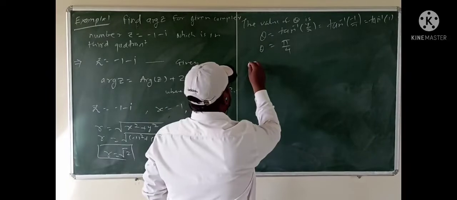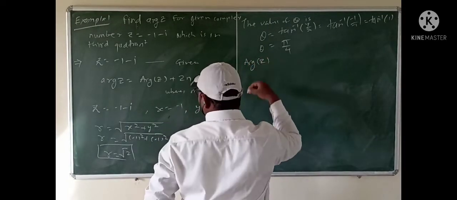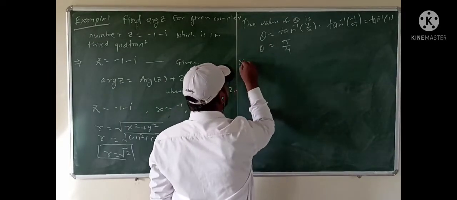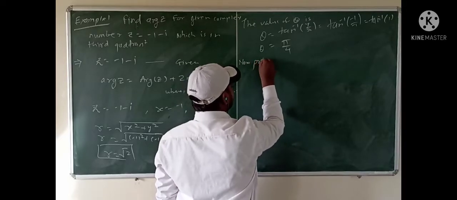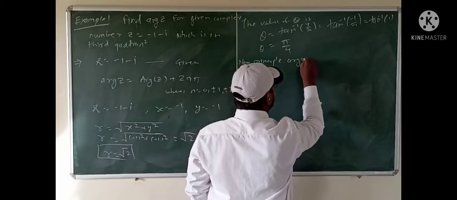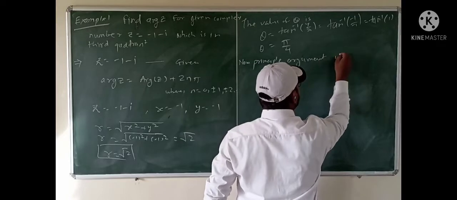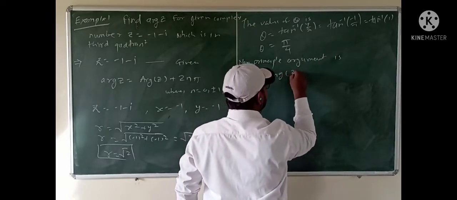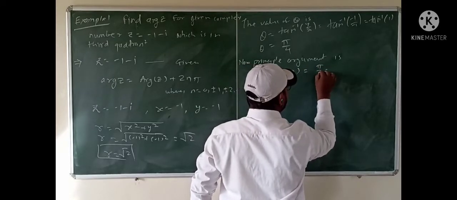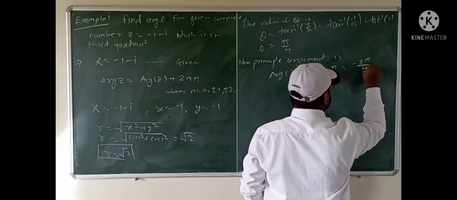So the argument of z, that is the capital argument of z or the principal argument of z, is equal to pi by 4 minus pi. This will come to minus 3 pi by 4.